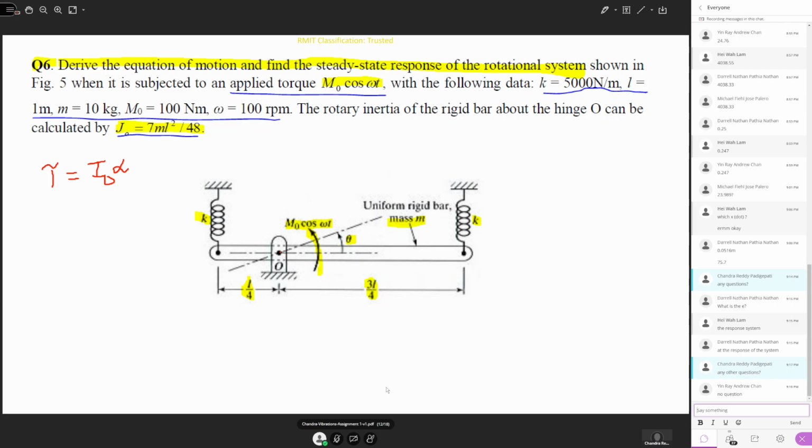This torque you can also equate with the force multiplied by the perpendicular distance. So what are the forces acting here? There is a spring force here, another spring force here, and there is a moment here.